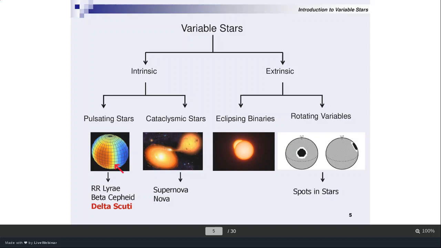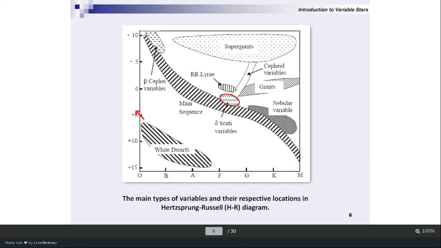If you look at the RR Lyrae, the periodic variations are more than 1 day, so if you want to observe a few cycles, you have to look at it continuously for a few nights, or get a very big data set. So that is one advantage of going for delta Scuti stars. Then I just pick these delta Scuti stars for my study.